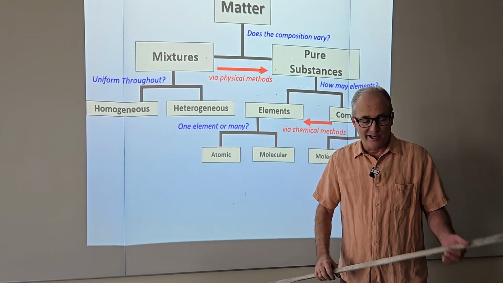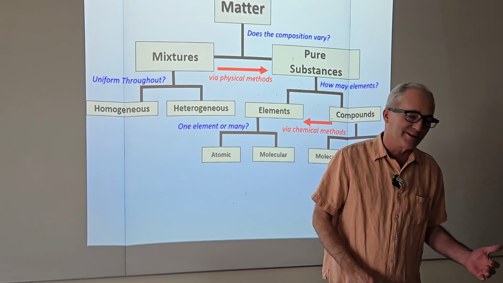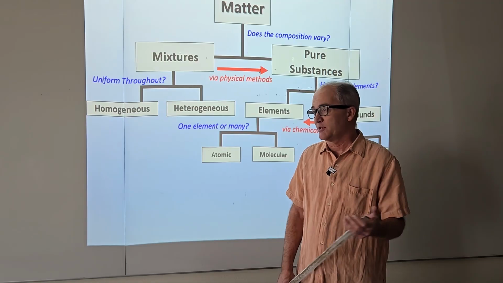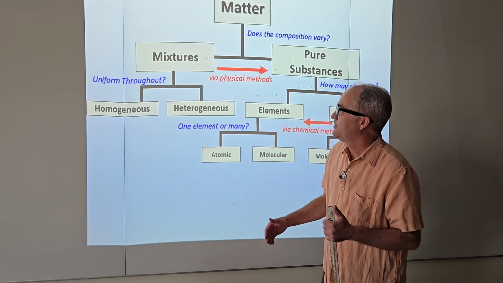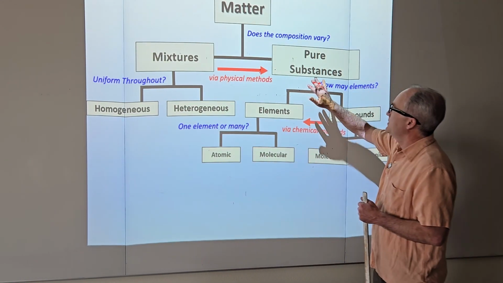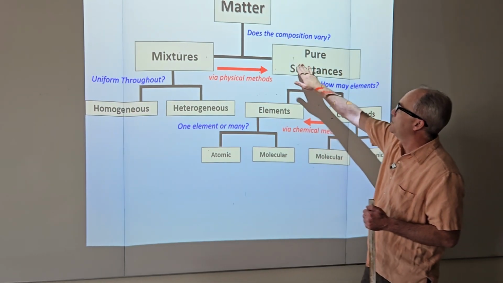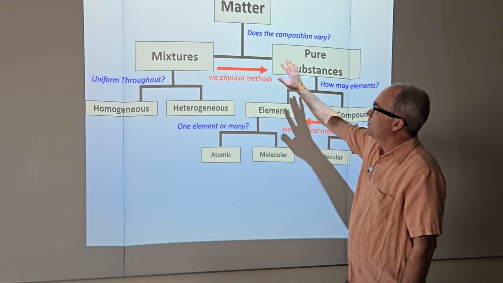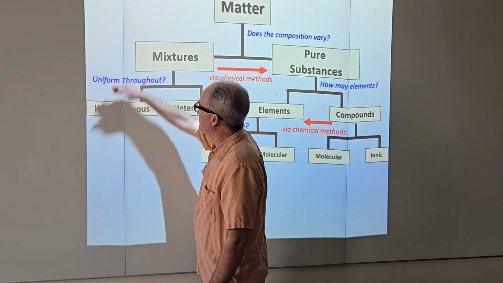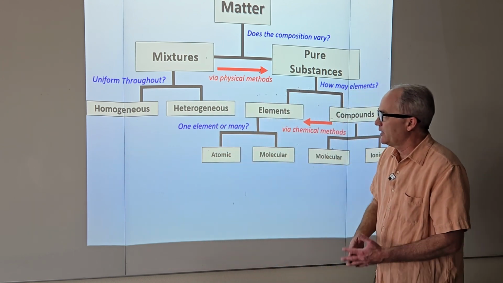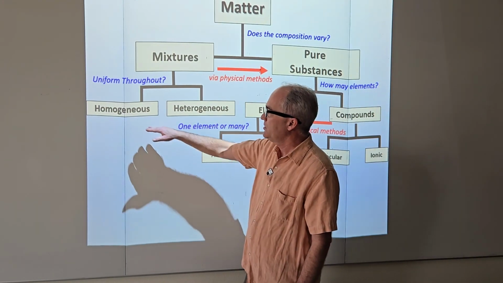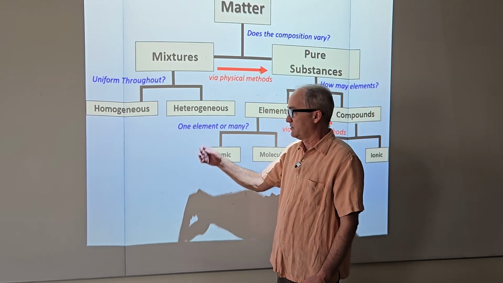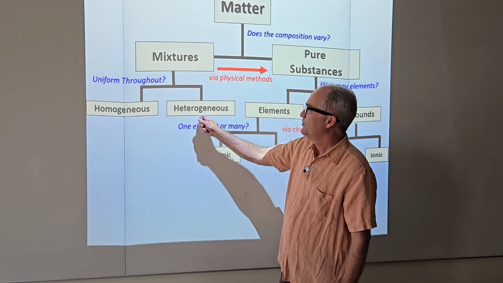And I like to say, can you write a chemical formula for cheese? No, you can't. Can I write a chemical formula for water? Yes. Caffeine? Yes. So, pure substances have definite composition, and we can write a chemical formula. So cheese is a mixture. So we can classify mixtures as being homogeneous, like soft serve vanilla ice cream, because it's pretty uniform throughout.